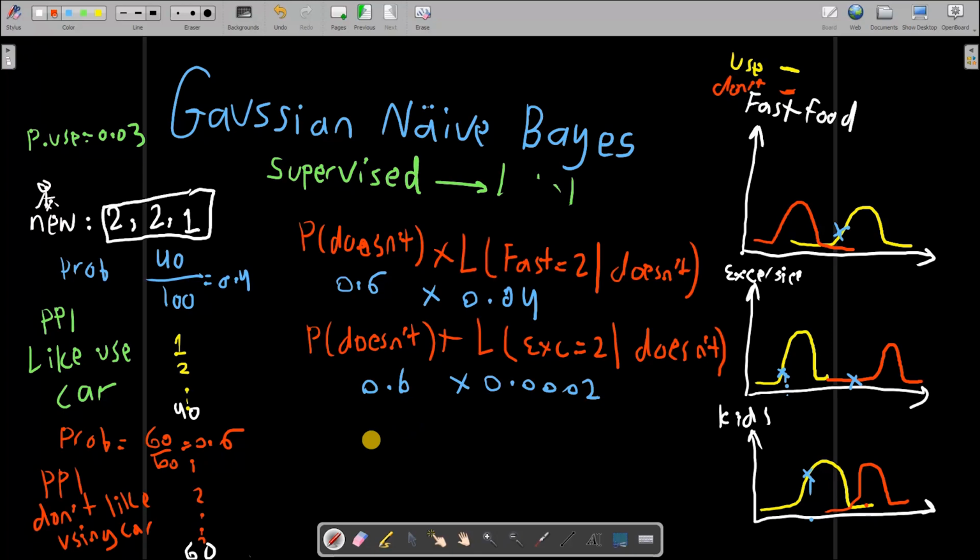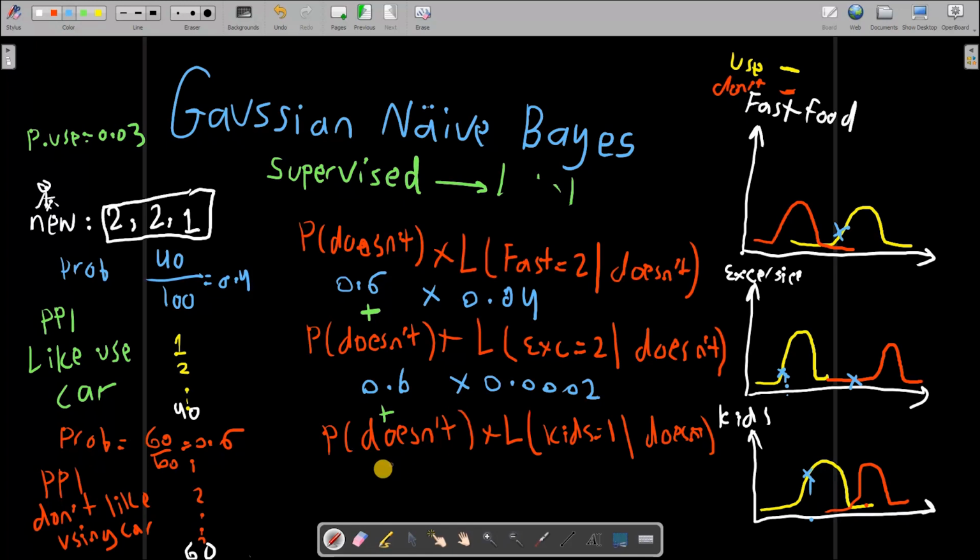And again, we do the same thing for the last one, the probability that he does not, multiplied by the conditional probability that he has kids, equaling 1, given that he does not.